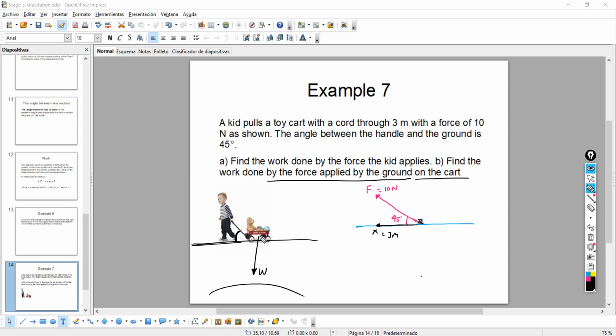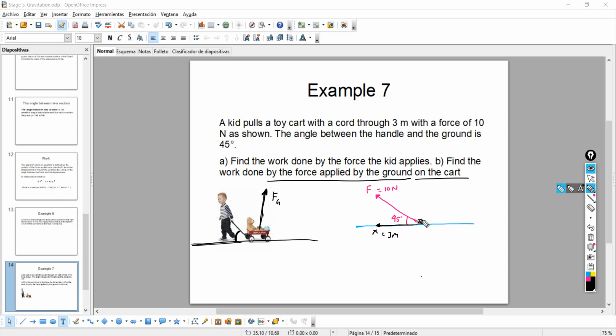And what other force is being applied on this object? Well, the ground is obviously applying a force in the opposite direction. In this direction, the ground. So this other force, let me call it Fg, the force applied by the ground on the cart. This is the one that I'm interested in. I can't forget about the weight. And this force is applied vertically.